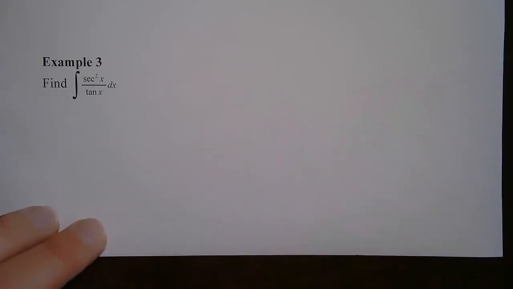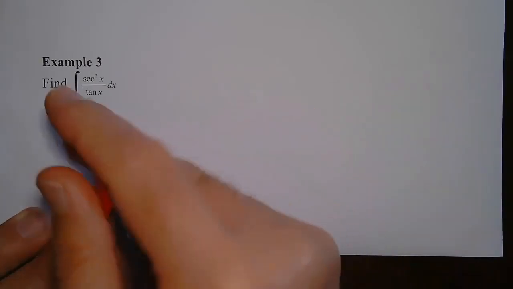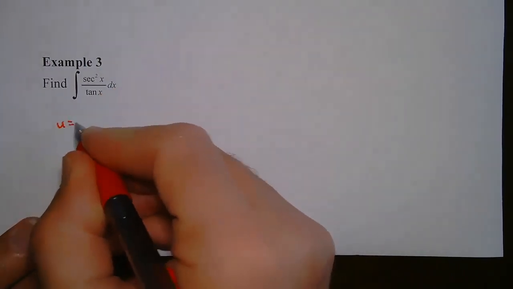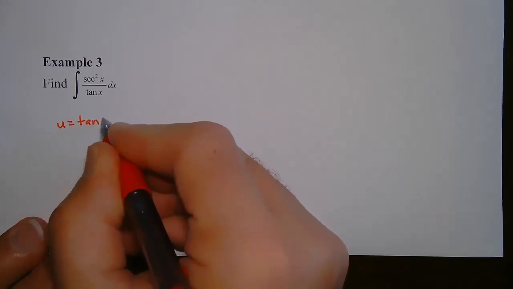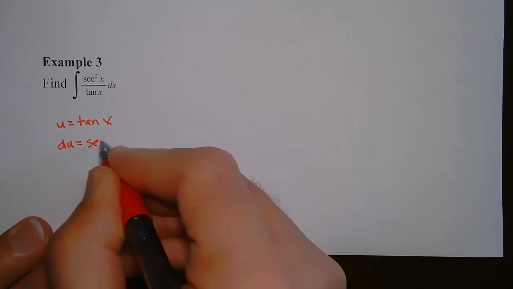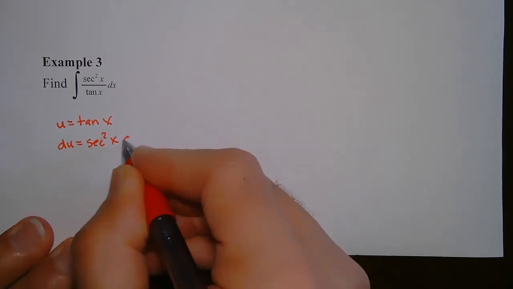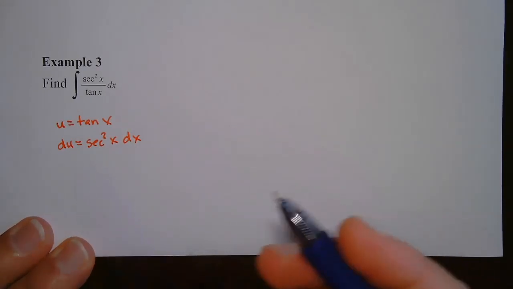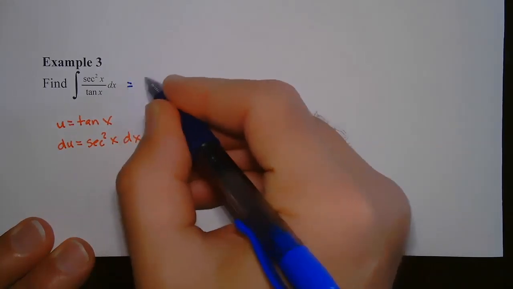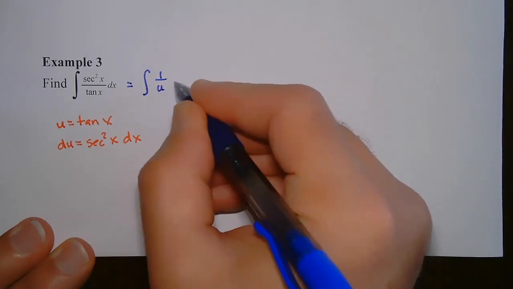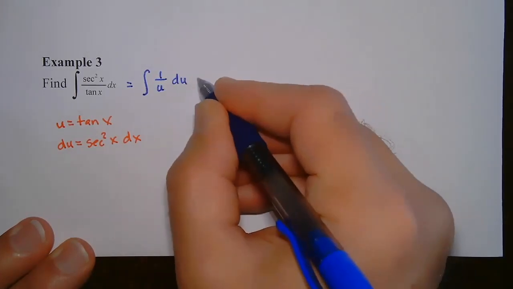So if we let u be tan x, du would become secant squared x dx. So we have our u and we also have our du. This becomes the integral of 1 over u du.